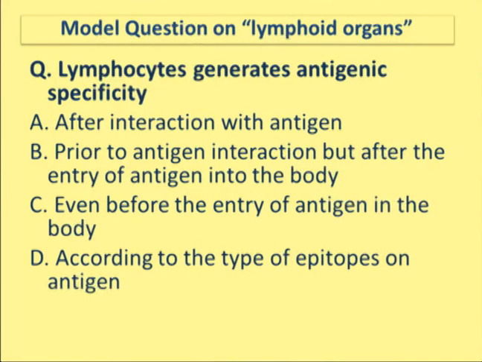We are already well prepared against a variety of antigens which may enter into our body. So our immune system is so well developed that we develop lymphocytes even before the entry of the antigen into our body.